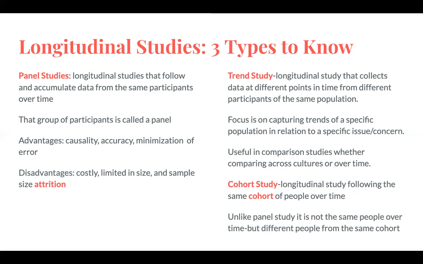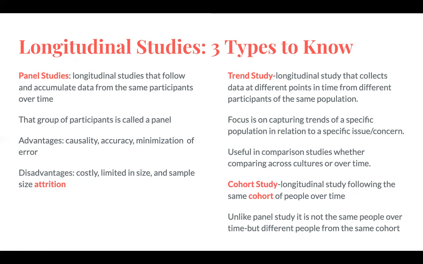Every 4 years, I'm going to talk to a sample of CSU seniors. So obviously, although my population will stay the same, CSU campus seniors, the participants themselves will change because every 4 years, hopefully nobody is repeating their senior year for 4+ years. So the actual people will change, but the population stays the same.